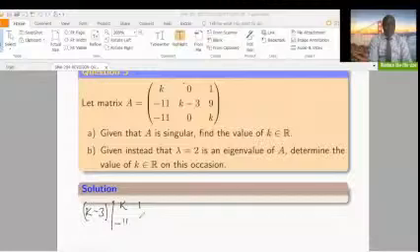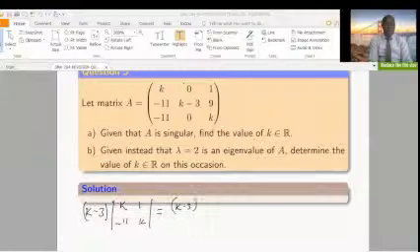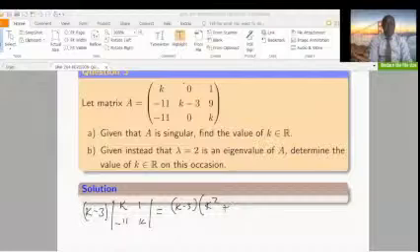When you delete that, what is left will be K, 1, negative 11, K. And so this is K minus 3 multiplied by the determinant of this matrix, which is K squared minus negative 11, which is positive 11.